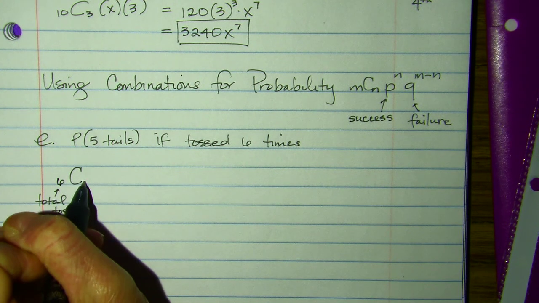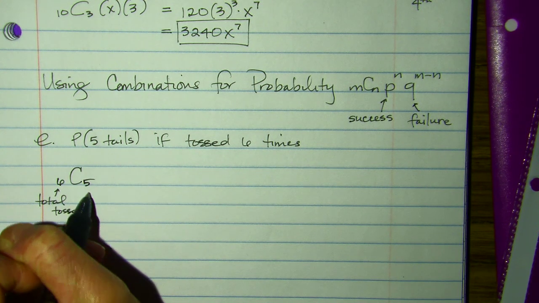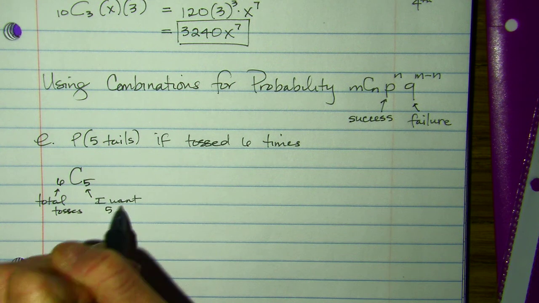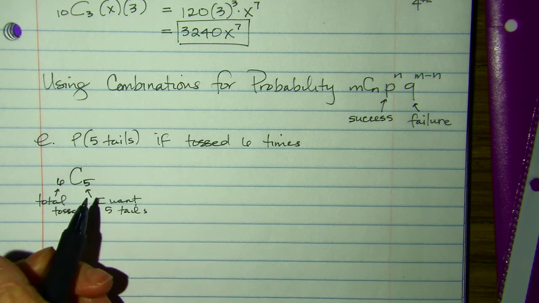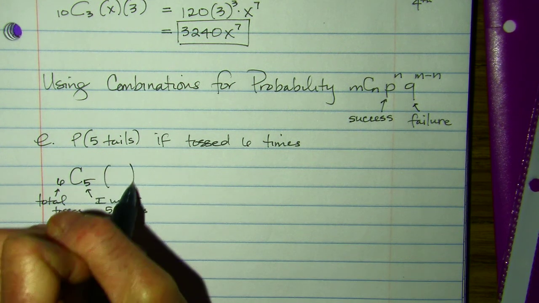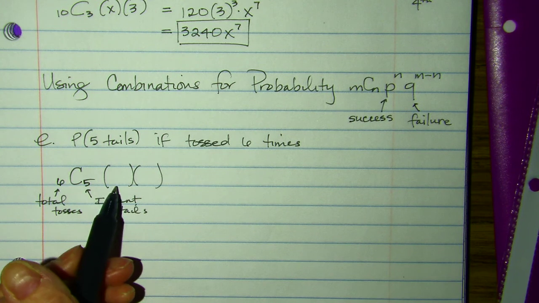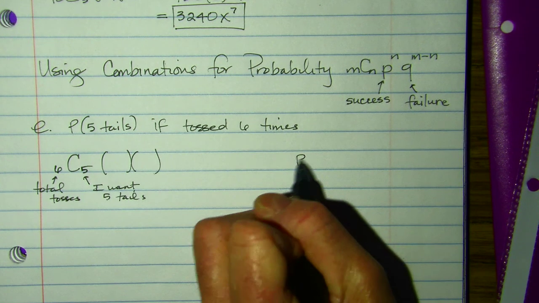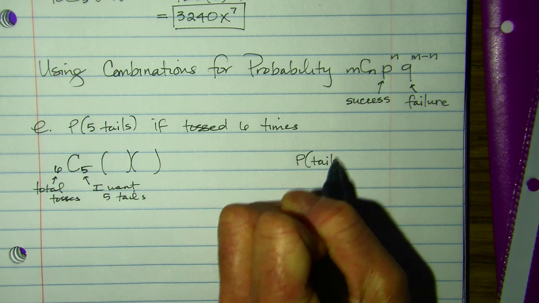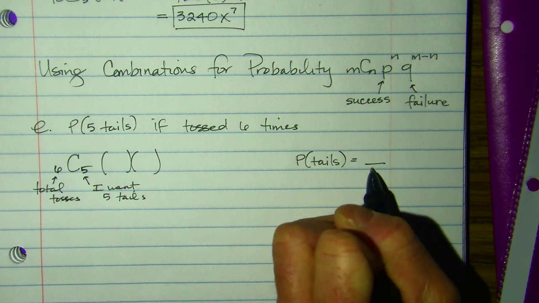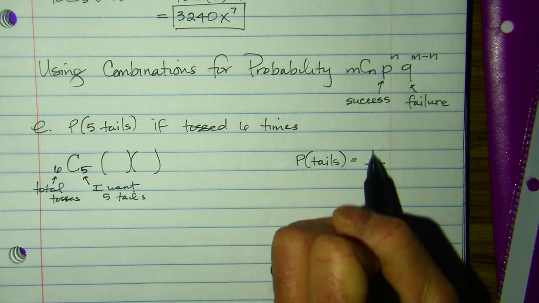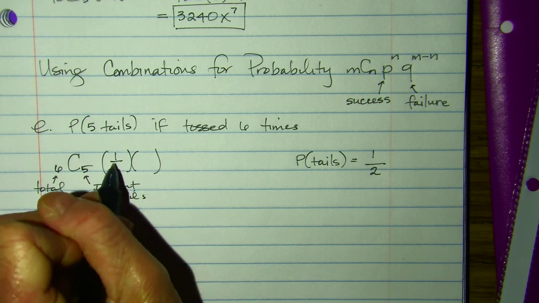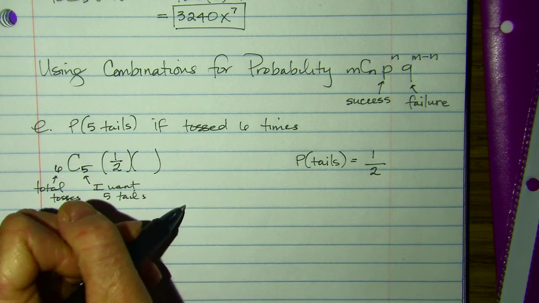I want exactly 5 tails. Now I'm going to multiply this by the probability of what I want happening. So what's the probability of getting tails? Well, there are 2 sides on the coin, but only one of them is a tail. So inside, I'm writing 1 out of 2.